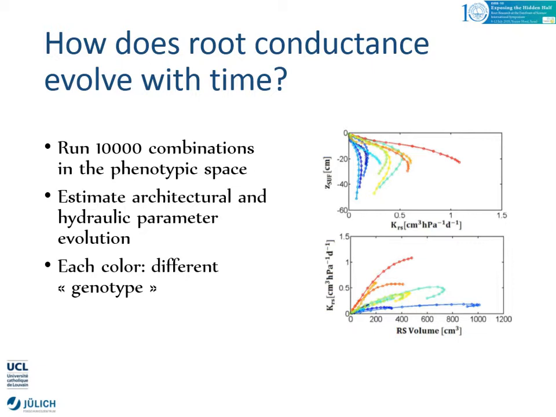This is the depth, and this is the conductance. You see really different strategies. For instance, this red one is growing slowly, not going very deep, but has a very high conductance at the end. On the other hand, you have this blue one, which grows fast and deep, but with a low conductance, which is very, very conservative.